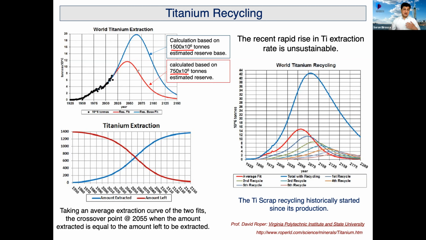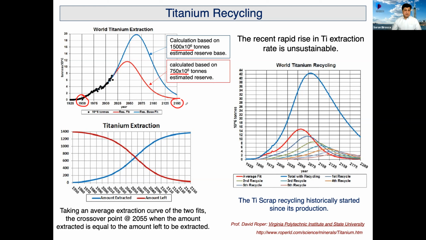In both cases, since the invention of the Kroll process by William Kroll, titanium extraction worldwide has increased since 1950 and is growing dramatically. Using both databases, by 2150 there will be no titanium left on Earth. That's his prediction.